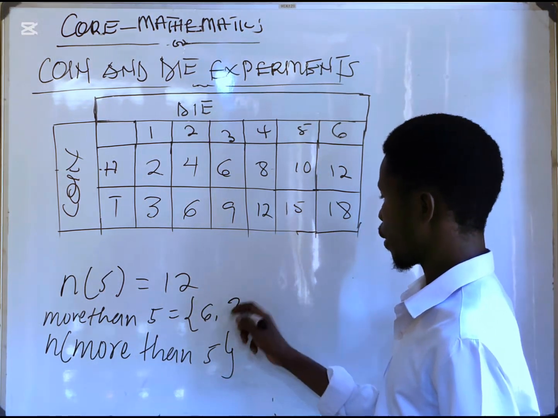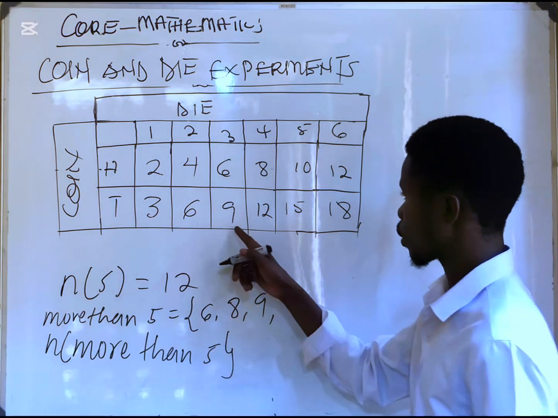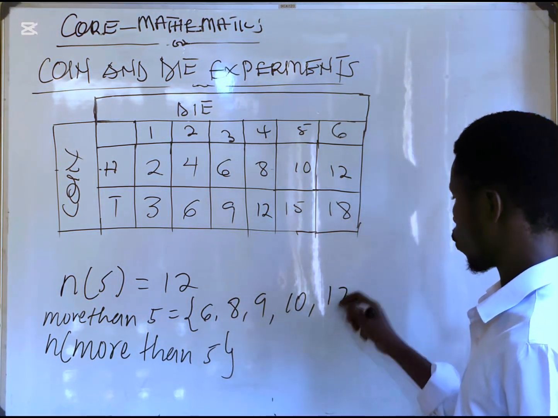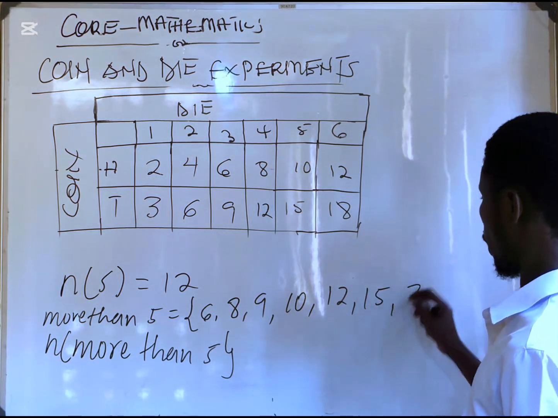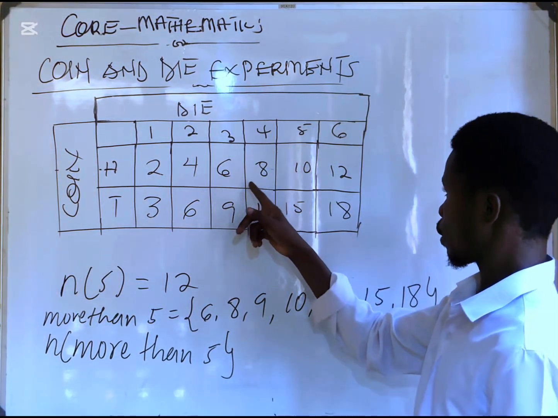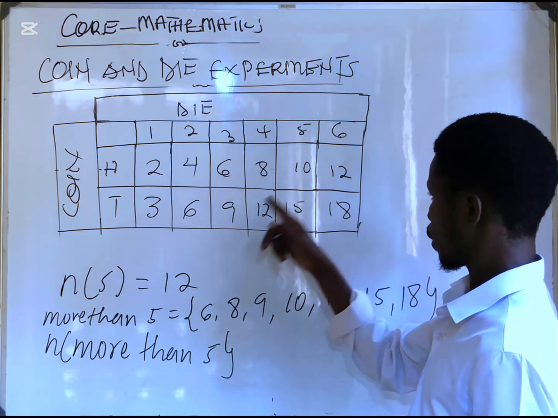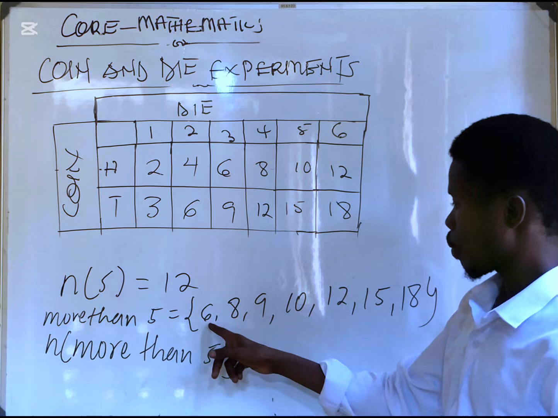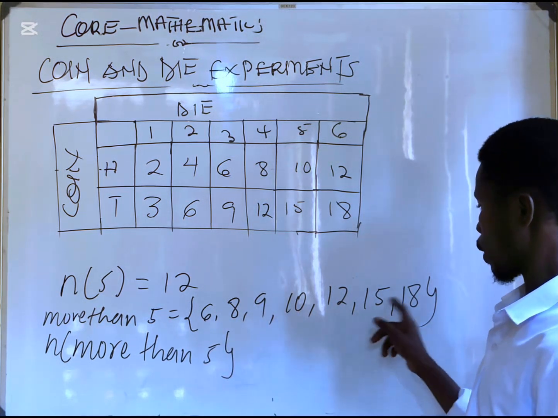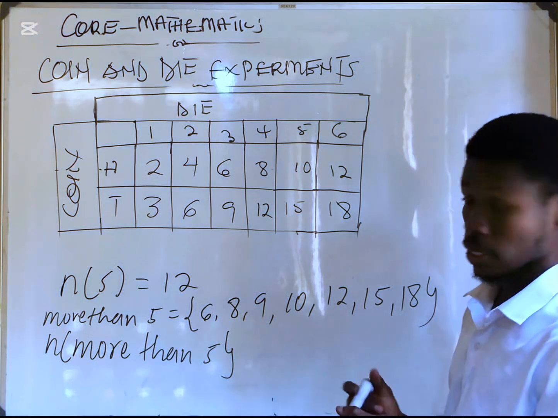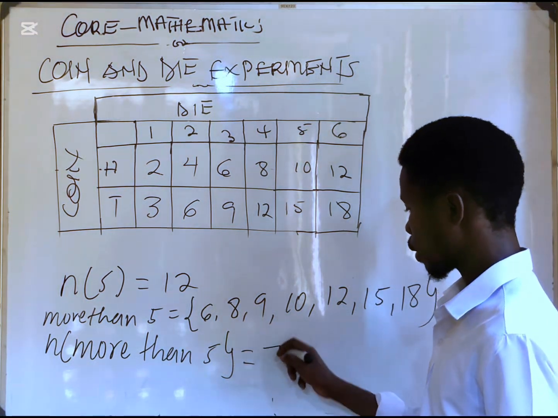The next number 8. You go to 9, because 9 is here, isn't it? From 9 you go to 10. You go to 12. You go to 15. The last one is 18. 6, 8, 9, 10, 12, 15, 18. So they are 1, 2, 3, 4, 5, 6, 7. They are 7.